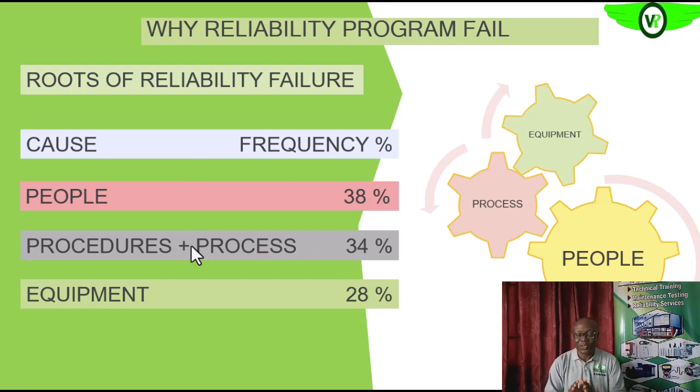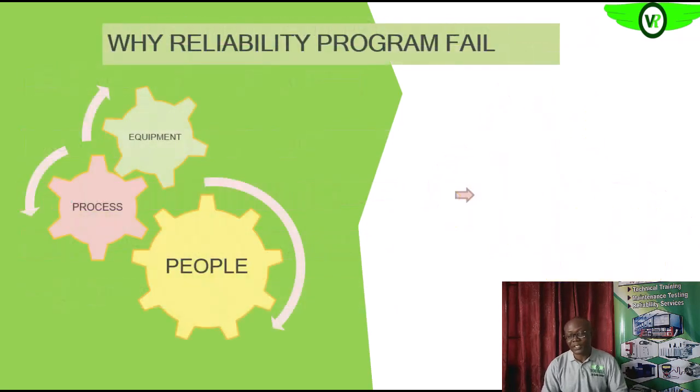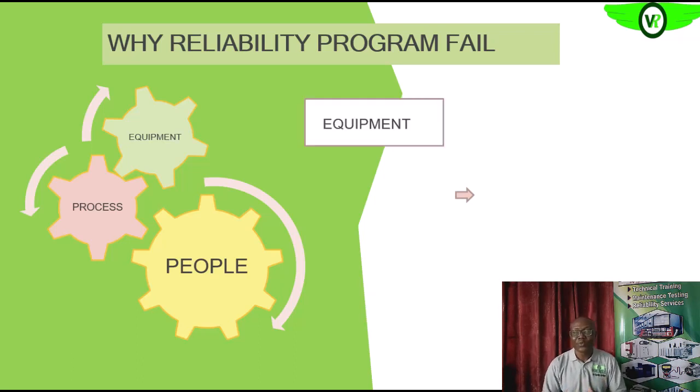As we'll see later, we'll see how all of these always affect our reliability program. So the integrated reliability program always looks at these three variables and sees how they can make each of them more reliable.